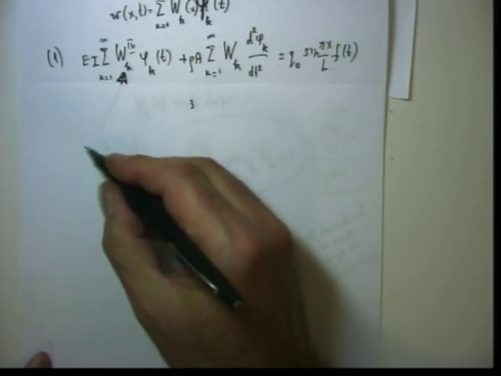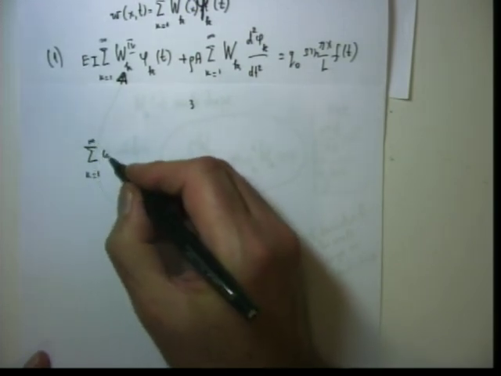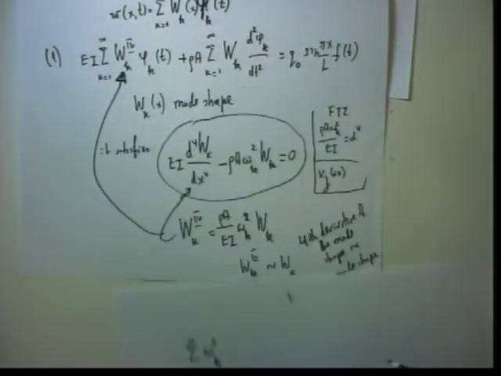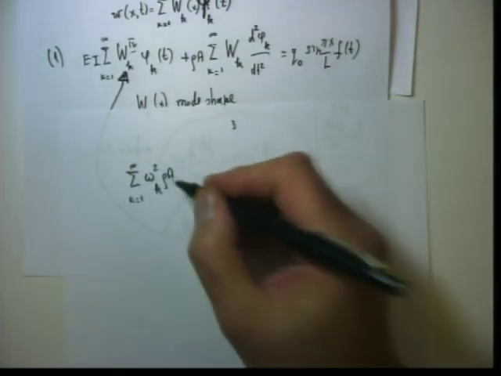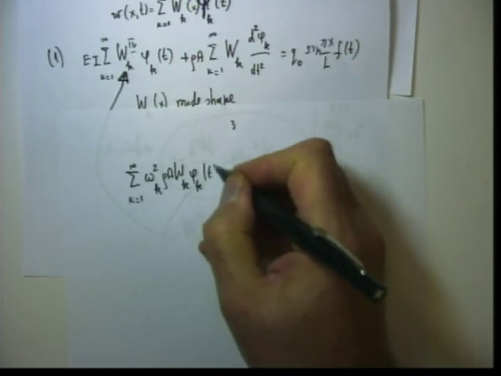So here we get, look please, summation k from 1 to infinity, omega k squared, rho A, and W k, and then phi k of t.